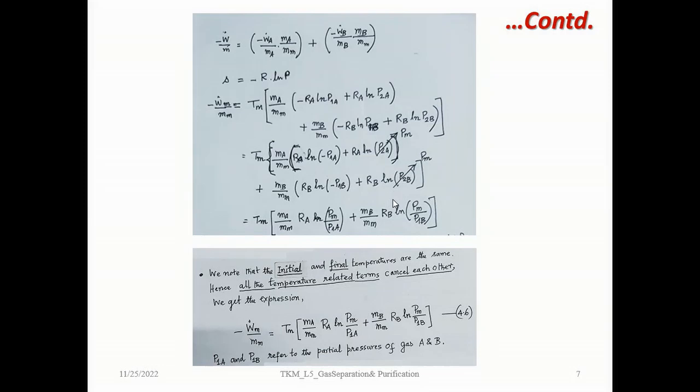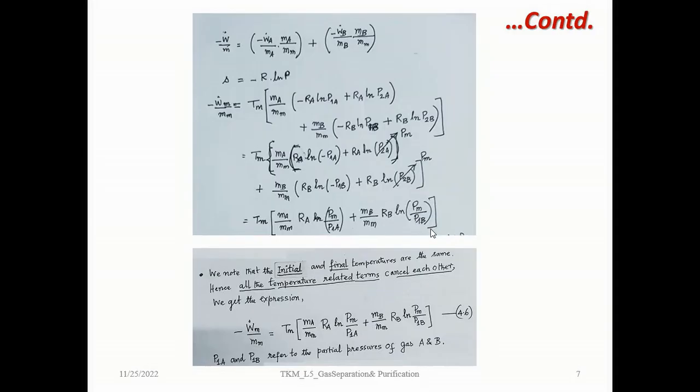So we replace P2A and P2B with PM. If you replace this and simplify, you get the expression Tm MA by MM into RA ln PM by P1A, plus MB by MM RB ln PM by P1B.